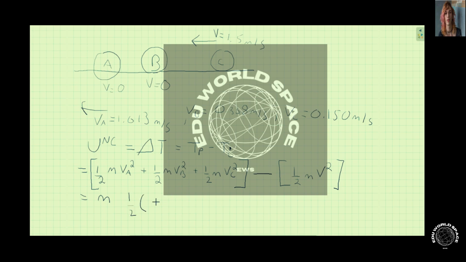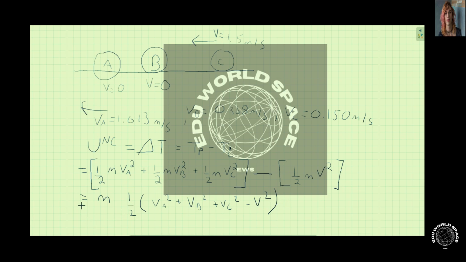And then what I'm left with is my final velocity a squared plus final velocity b squared plus final velocity c squared minus my initial velocity v squared. So this is what I have, and I have my mass out here. So I'm going to divide my mass out and put it over on the side of my equation that's for the variable representing the energy loss.